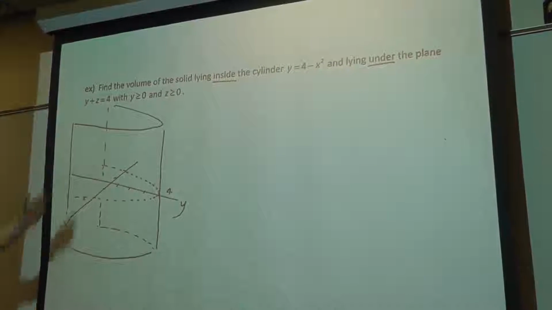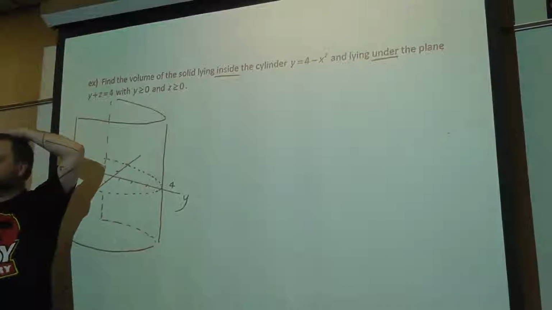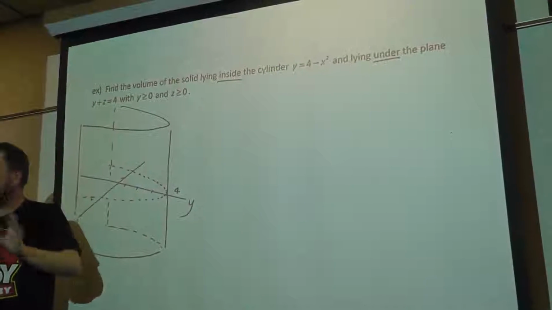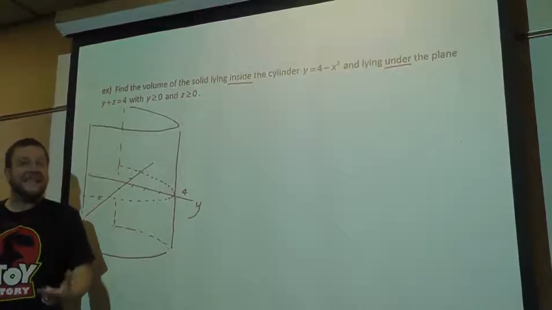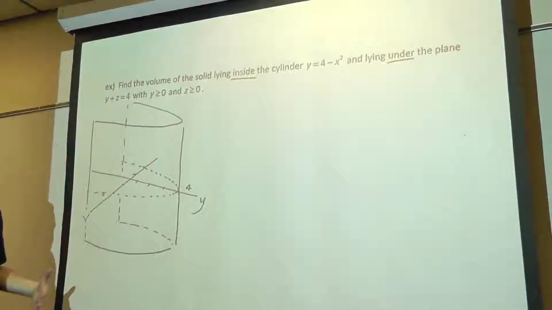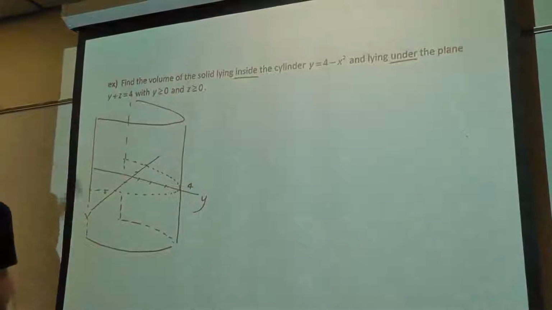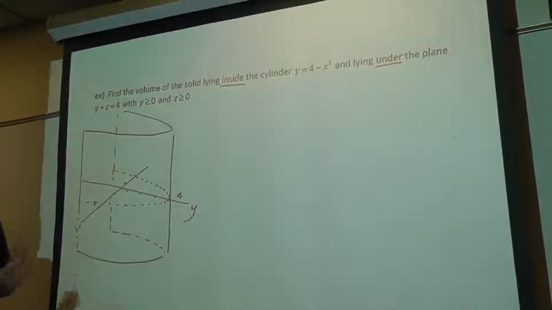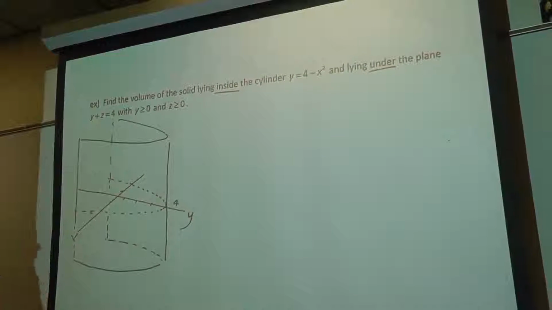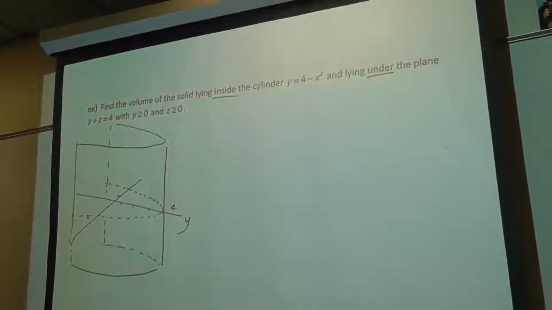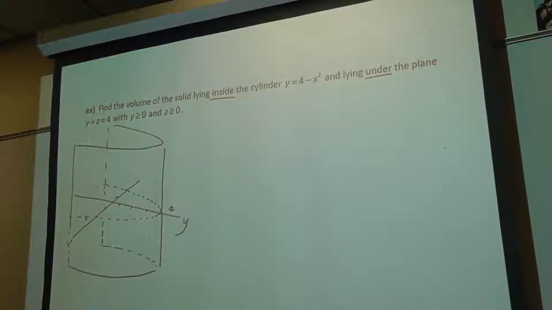And then you have these statements. Y is greater than or equal to 0, which will cross-section certain things out. Z is greater than or equal to 0. So I'm lying inside this parabolic cylinder, I'm lying underneath this plane, but I'm only in the space where z is positive and y is positive. What does that hash out here? Yeah, this side over here.